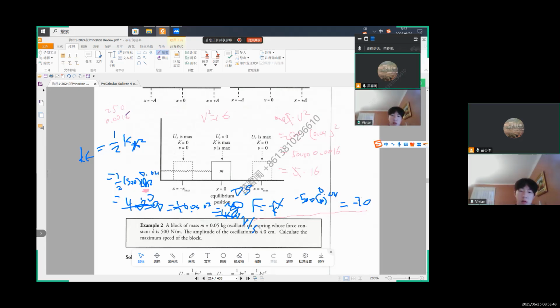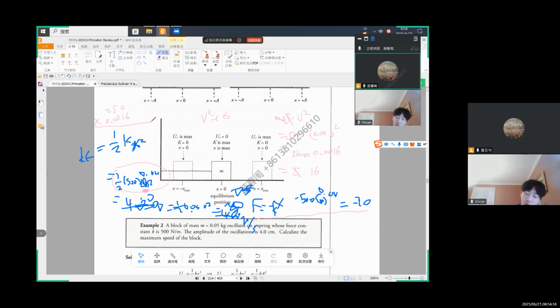Wait, no, what? Wait, 500 times v squared. Okay, wait, I think it's zero. Can you do this calculation? One half, like 250 times 0.0016?